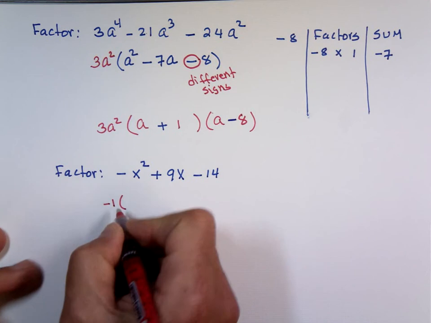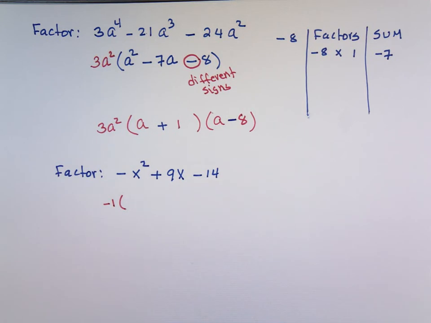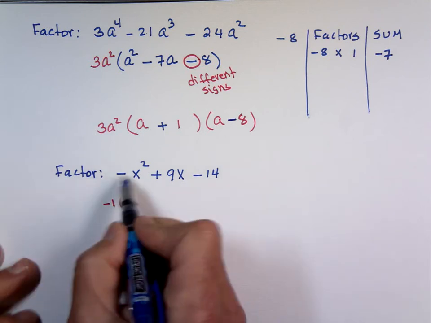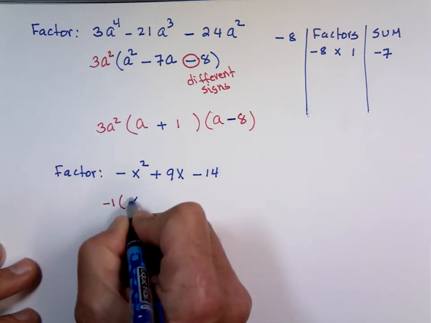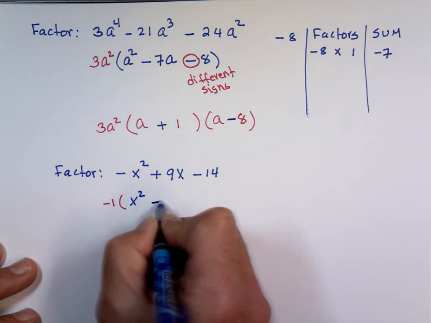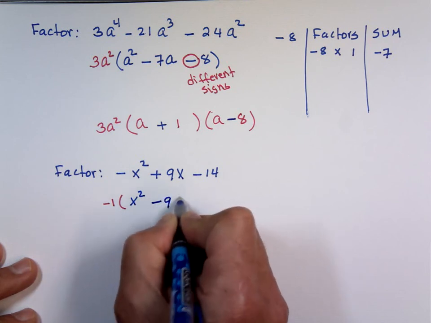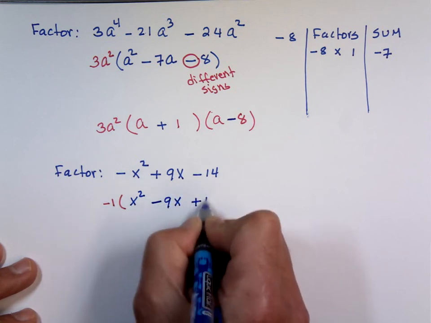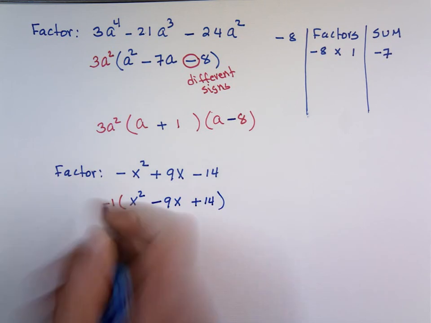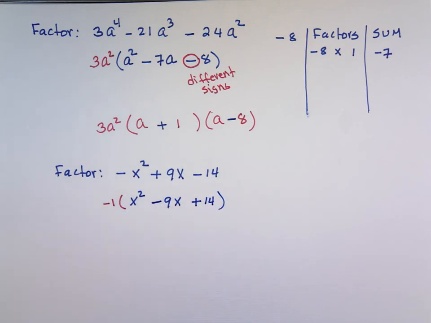When you factor a minus 1 out, it basically changes all the signs. What's left is x squared minus 9x plus 14. The minus 1 is going to change all the signs on the inside. And now try to factor that.